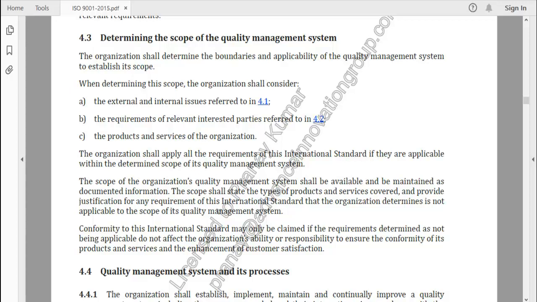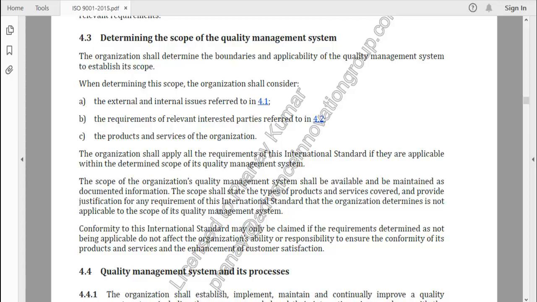Typical situations wherein organizations seek exclusion: one could be a recent example that I have had for a medical equipment company based out of India, which is headquartered in Switzerland.